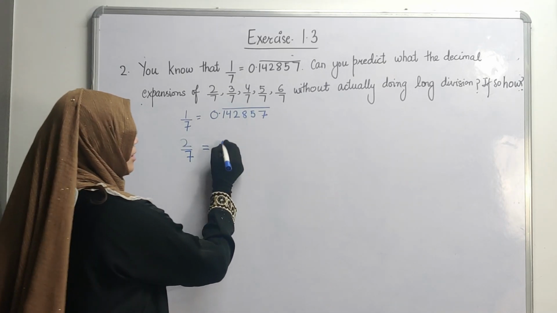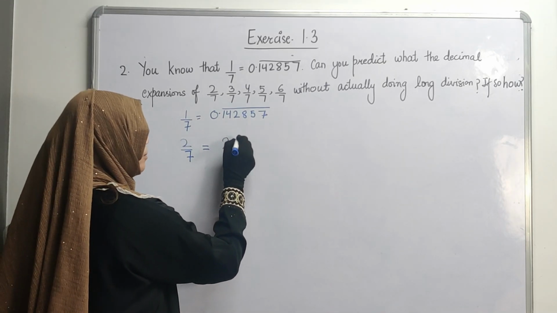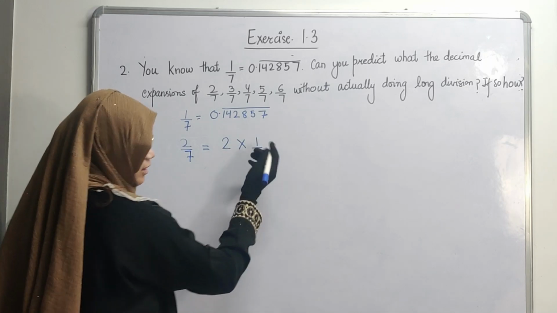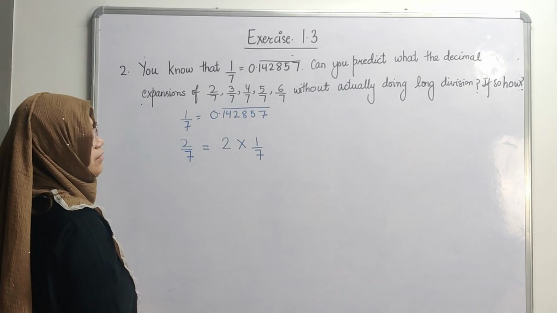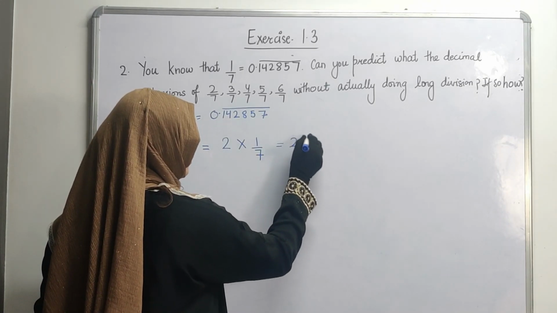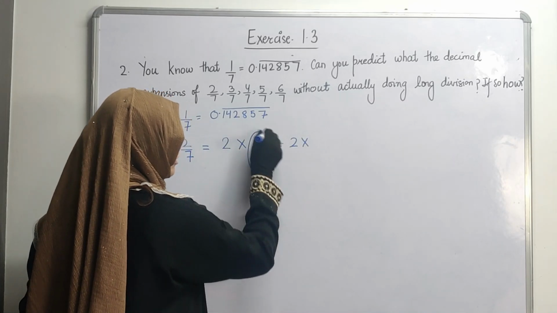How? Can you write 2 by 7 as 2 multiplied by 1 upon 7? Yes, you can write it. So simply multiply 2 with the value of 1 upon 7.